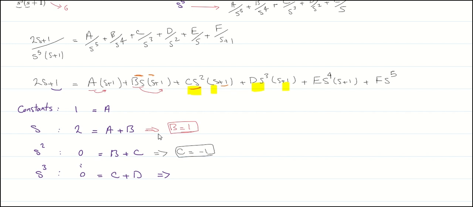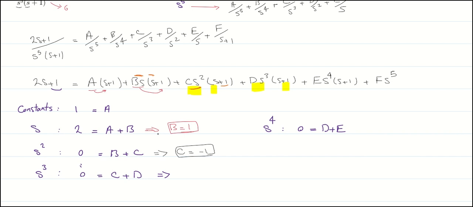Fourth term in here, we have s to the power of 4. And we're going to compare the coefficients again. On the left-hand side, again, we don't have any coefficients. So that means it's going to be equal to 0. And on the right-hand side, we have d plus e. So d is again from ds cubed times s, and e is from es to the power of 4 times 1.